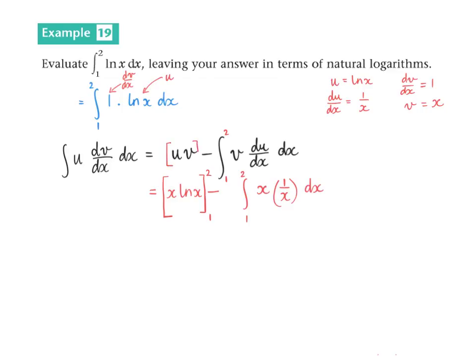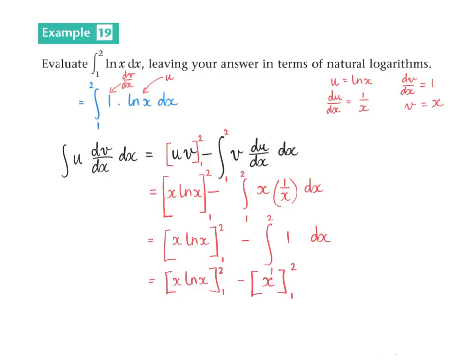So I should really put on this part here square brackets, between 1 and 2. So we get x ln x between 1 and 2 minus the integral of 1 dx. Simplify that, we get x ln x between 1 and 2 minus, and that becomes x between 1 and 2.